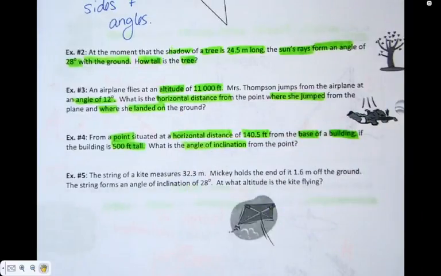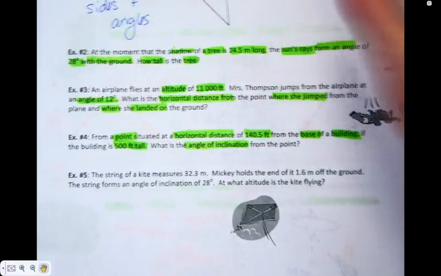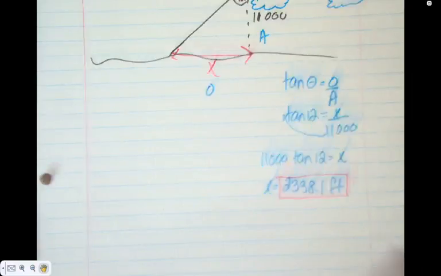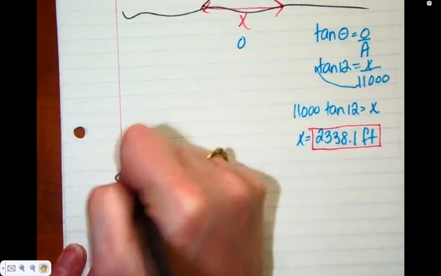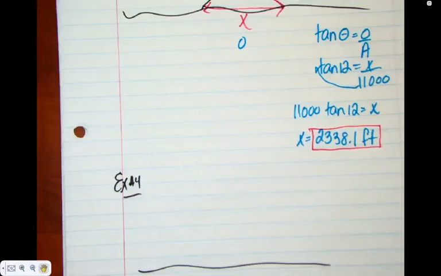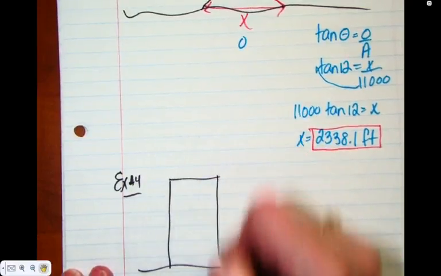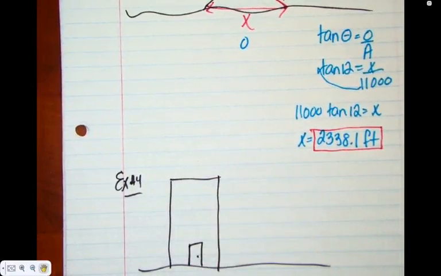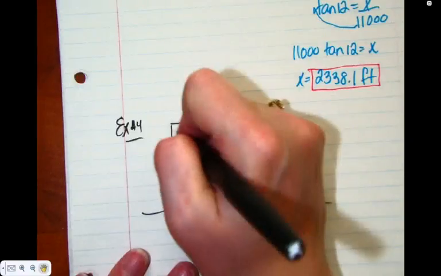Ooh, what's an angle of inclination from the notes yesterday? Bottom and goes up. So we know somewhere we're going to have that idea. Ground, building. It's a Starbucks in my world.